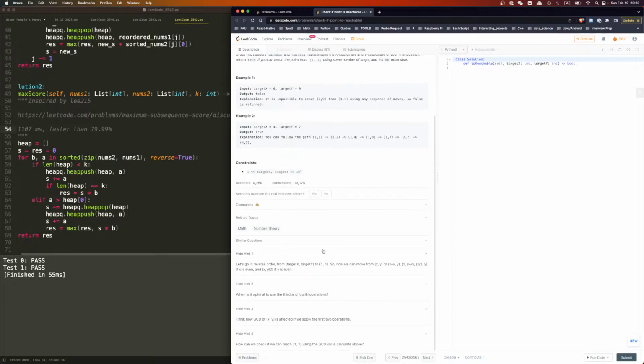How can we check if we can reach 1, using the GCD value calculated above? Okay, depending on how many moves you make, the GCD will change, right?